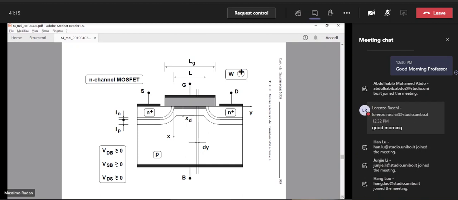And this figure shows a schematic view of the cross-section of the device. We start from a p-type substrate, which we assume to be uniformly doped, okay, with some concentration of acceptor atoms.